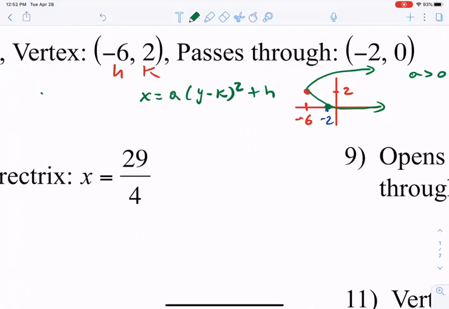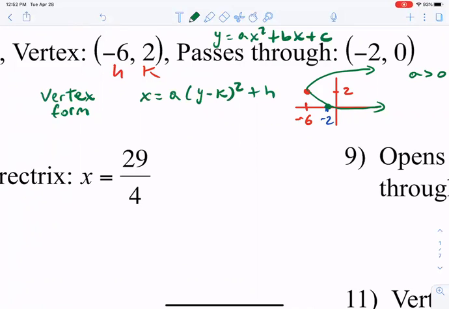Remember, this is the vertex form. I'm gonna call it the adjusted vertex form because in reality, vertex form is y equals ax squared plus bx plus c. You know that from Algebra 2. But in this case, since we open it to the right or left, we have to use this adjusted form.